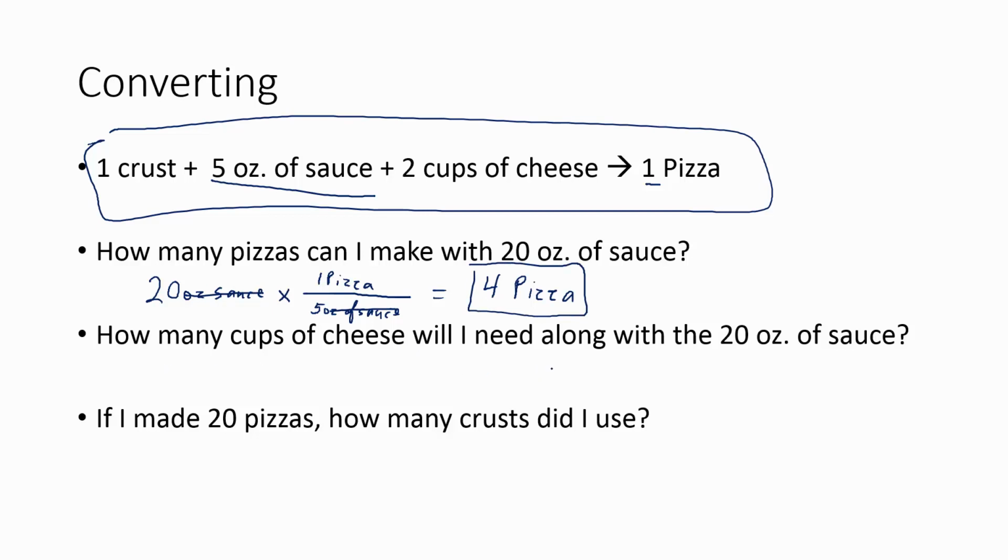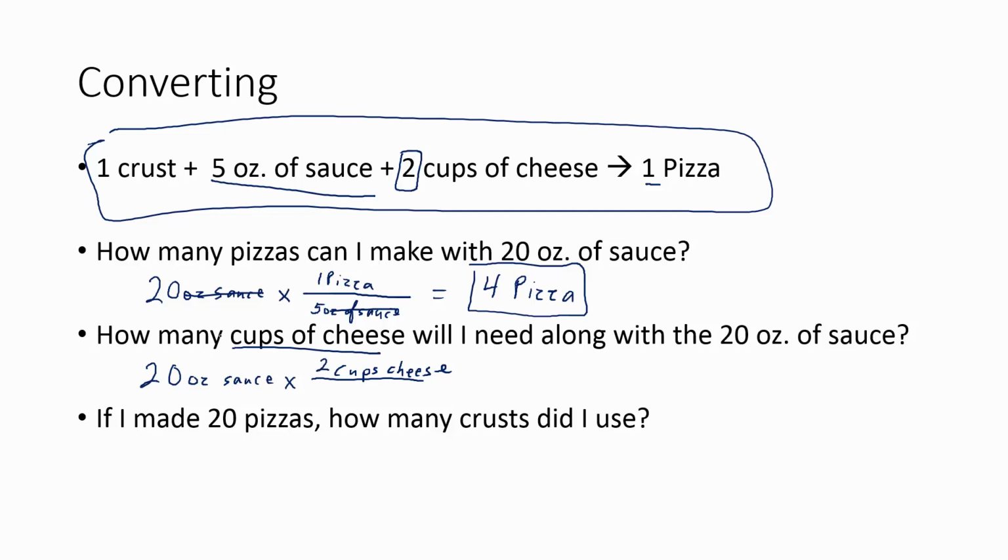How many cups of cheese will I need along with those 20 ounces of sauce? Well, again, I start with 20 ounces of sauce. But now I want cups of cheese, so that's what's going to go on top. I go up here and I see that there's 2 cups of cheese, so I put a 2 there.